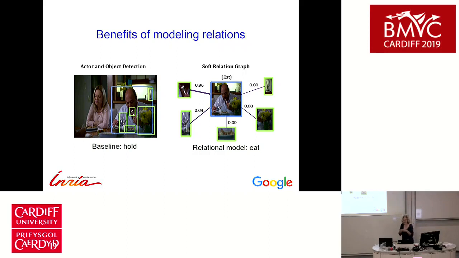So in the beginning, when we learn these different objects, we have the label eat for the action, but then it determines automatically, like with the soft labeling in the weakly supervised setting, what the important objects in the neighborhood for eating are. So if you have the label eating, then you can learn that the fork is important, and once you know that the fork is important, then if you apply the model to a test video, you can really predict that the person is eating.